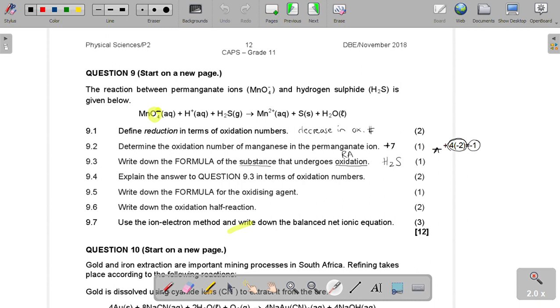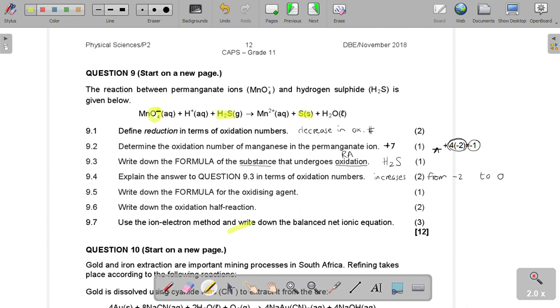Okay, goed. Nou sê hulle vir jou, verduidelik jou antwoord in daai vraag in terme van oksidasiegetalle. Now you need to go back to what you know about oxidation number. For oxidation, you have to say that it increases from -2 to 0. En kom ek wys dit gou vir julle.